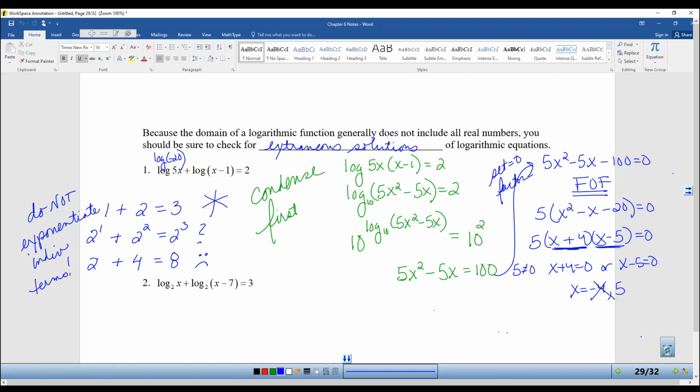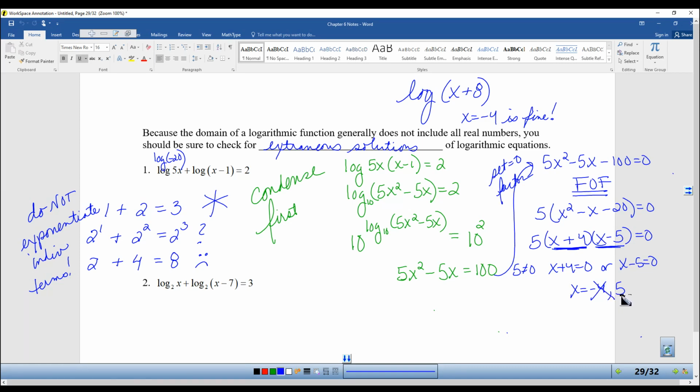All right, second warning of the day. The first one was do not exponentiate individual terms. And the second one is don't assume that the negative answer is the problem. If you had log of x plus 8, then x is equal to -4 would have been fine. So don't assume just because you get a negative answer that needs to be crossed out.